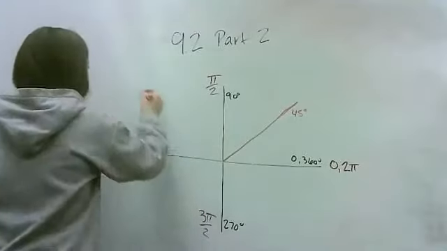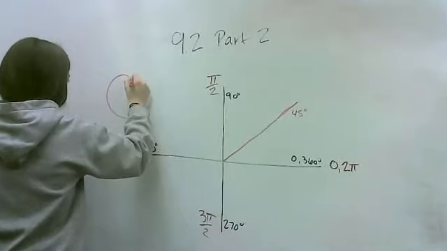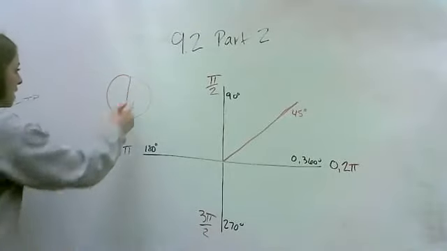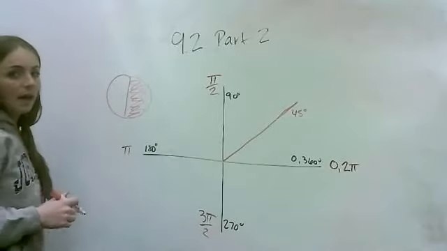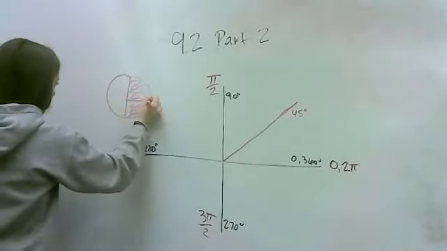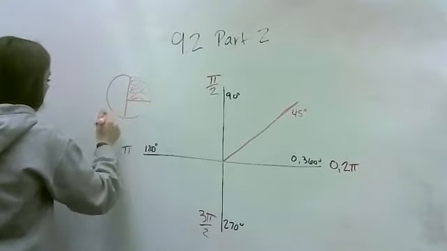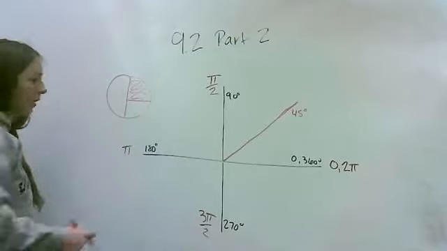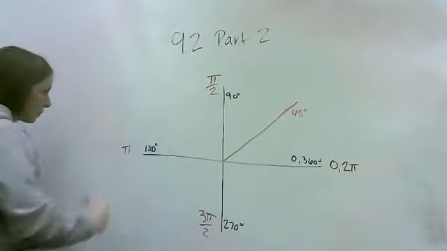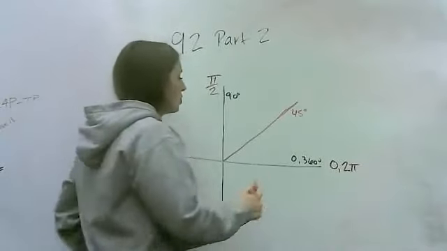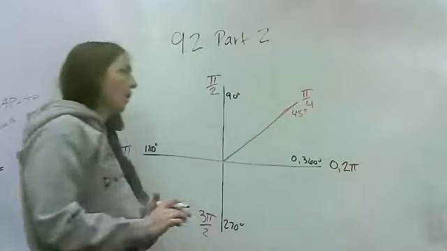If I take half of a pi, I need to cut that also in half, and now I'm only taking 1/4 of a pi. So instead of pi over 2, now I have pi over 4.